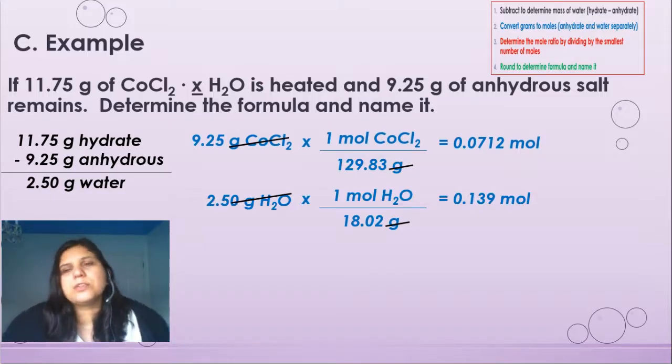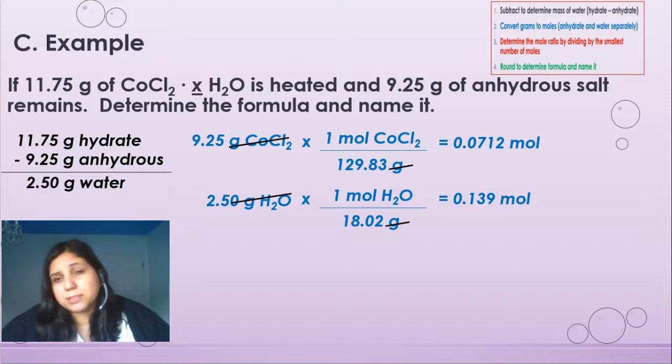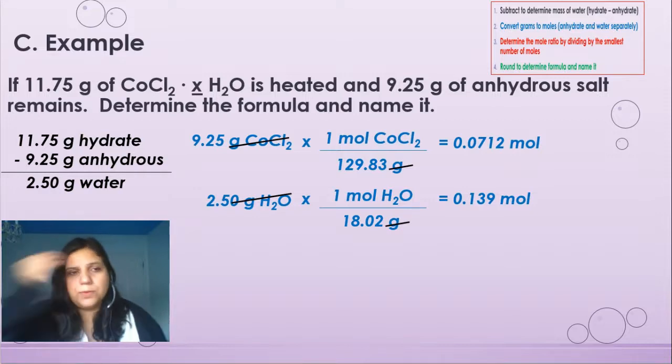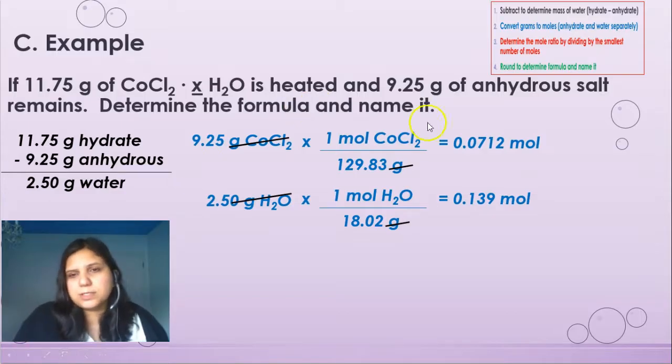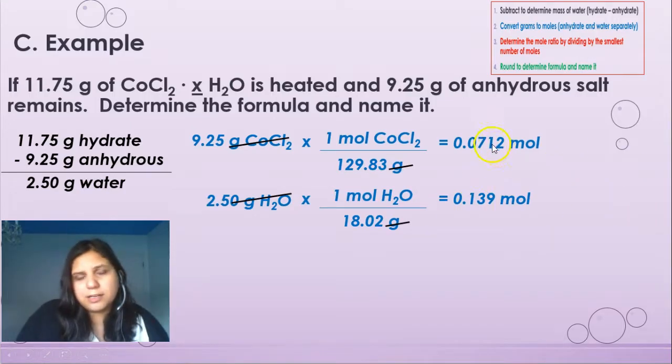Step 3, determine the mole ratio by dividing by the smallest number of moles. Okay, so if we look at the 2 sets of moles that I have, which one's smaller, 0.0712 or 0.139? It's got to be this one, which makes sense. You're trying to figure out how many waters there are for every one of these cobalt chlorides.